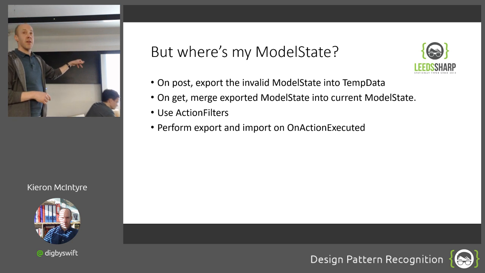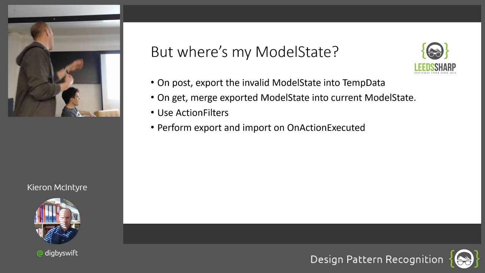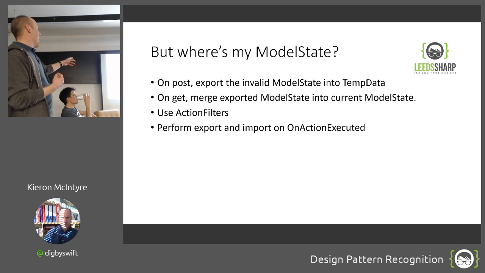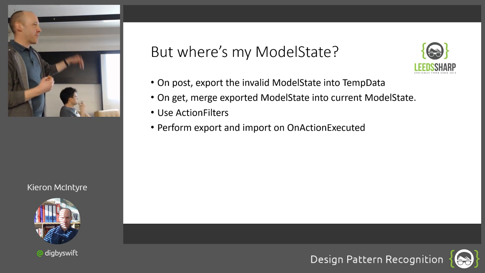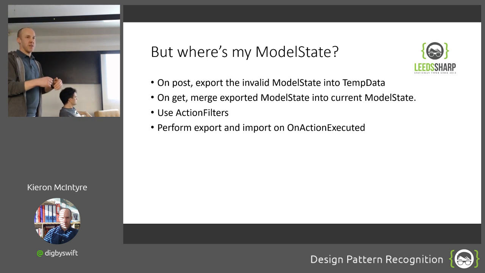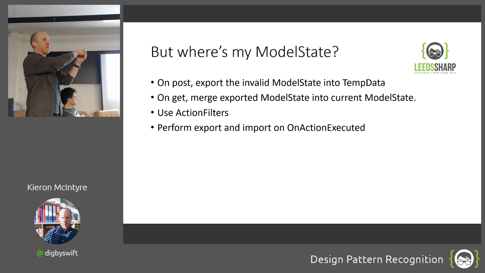This is the clever bit, and I didn't invent this. This is Stack Overflow goodness. I perform the export and the import on the action executed event. So on the post, you're waiting for the action to have been executed.